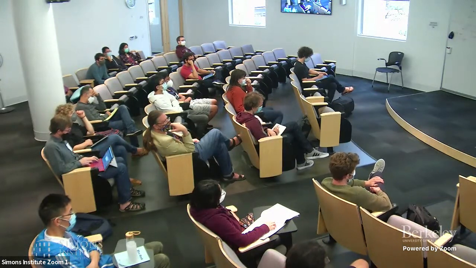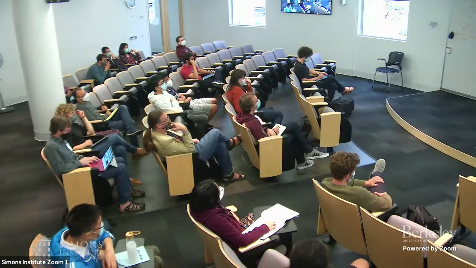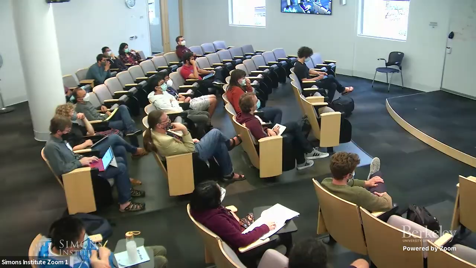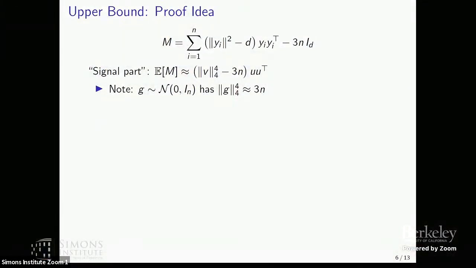So here's roughly why this algorithm works at a very high level. You can start by saying, what's the expectation of this matrix we want to analyze? It turns out to be a nice rank 1 thing in the direction U. So that's going to help us have a top eigenvector close to U. But then there's this signal to noise ratio, the 4 norm of the hidden vector minus 3n, and 3n is the 4 norm of a random Gaussian vector.